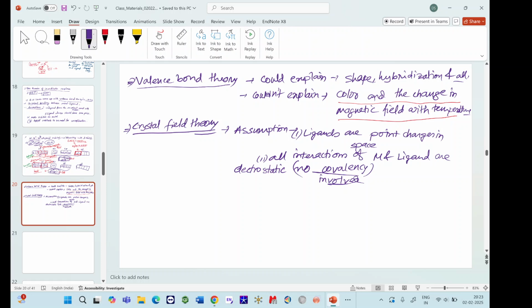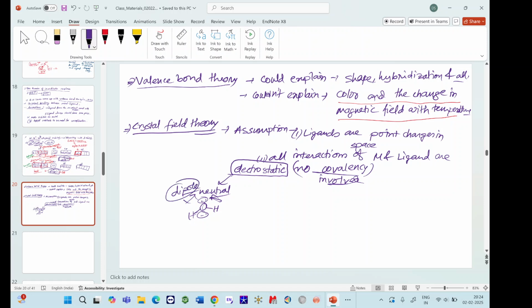Okay. So with these electrostatic interactions, how can you differentiate between neutral and anionic ligands? Suppose you have a neutral ligand, you don't have any charge. Say for this, water, you don't have any charge. You have lone pairs, but you don't have any charge. So how can you define it? You can define it like a dipole.